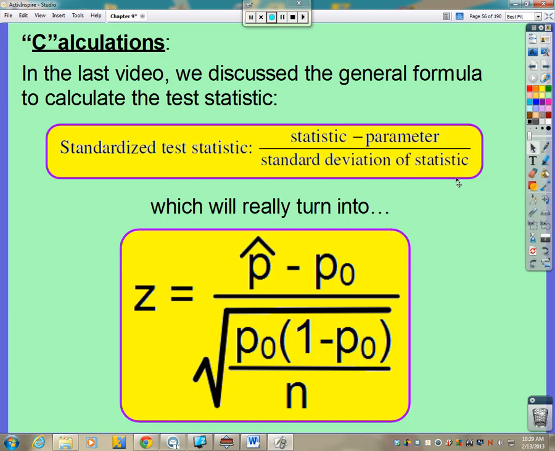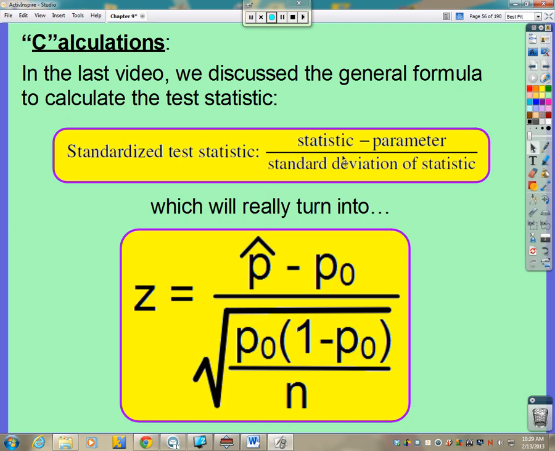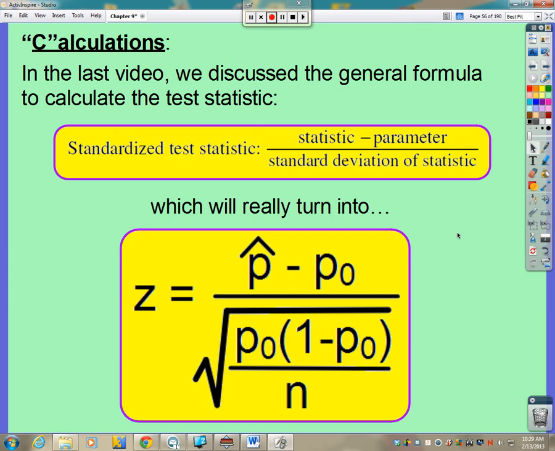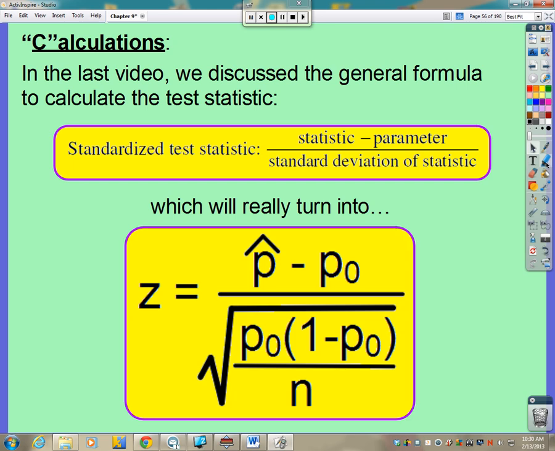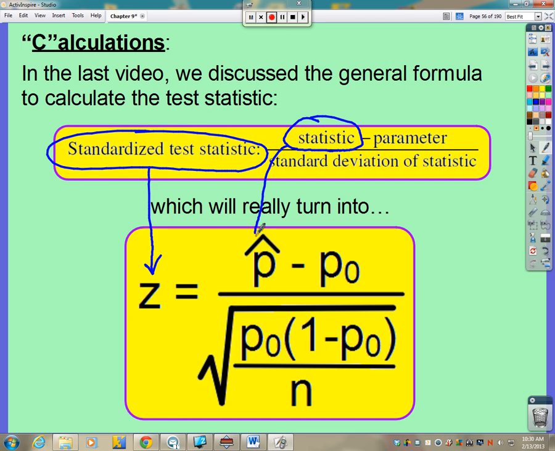Now, last video we talked about this general formula here, that our test statistic z is really our statistic minus our parameter divided by the standard deviation of the statistic. Now we're going to turn this more mathematical instead of words. So all of this will turn into this. So again, our z is our test statistic. In proportion problems, the statistic we are referring to is the p hat that we will derive from a sample. The parameter we're going to use is that p sub naught that we're going to get from our null hypothesis.